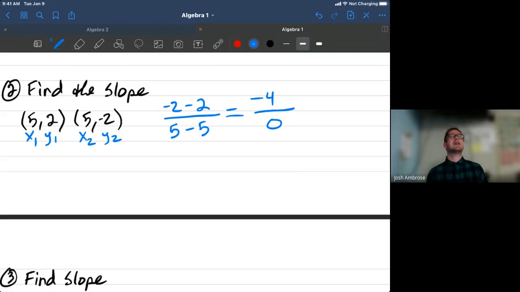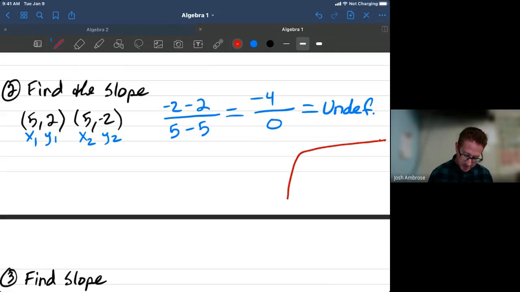Now, here is a very important thing to remember. If you have a number divided by 0, in other words, 0 in the denominator, this is going to equal undefined slope. All right. Now, I'm going to put a note off to the side because I think this is very important for students to remember.